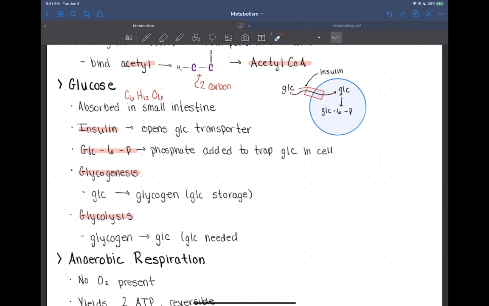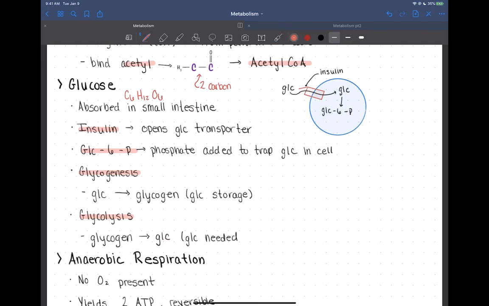Once glucose is in the cell, it will have a phosphate added to it, and it becomes glucose 6-phosphate. That phosphate just traps it within the cell, so it can't leave, and that way the cell can store that glucose.